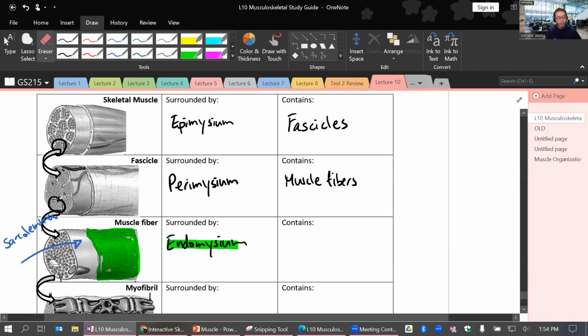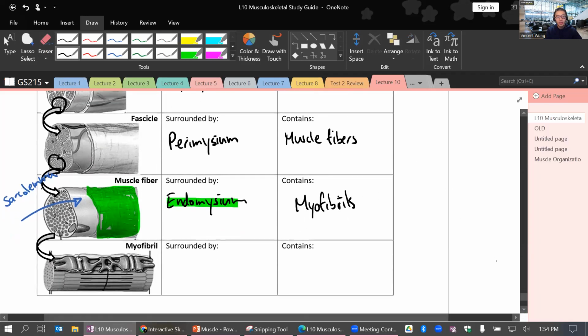You can read it from the next row, but those are the myofibrils. They're surrounded by the sarcoplasmic reticulum, which is like all these things. They just show a little bit of it. And it contains sarcomeres, which are actin and myosin.